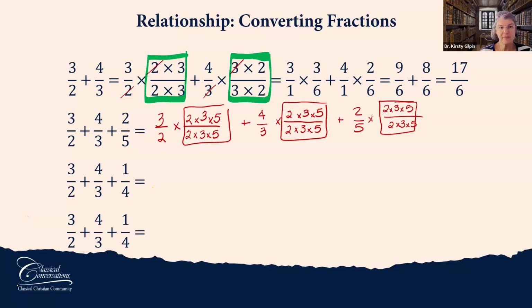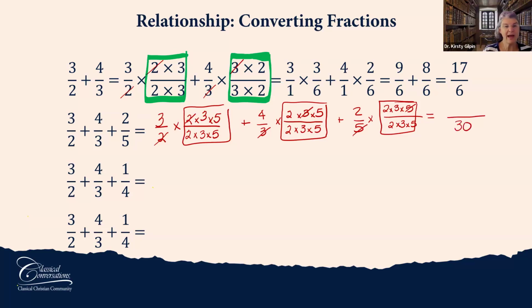So now let's think about going back and seeing how we can eliminate our original, right? So I have a 2 and a 2. What do I have in common in the next term? 3 and 3. And in my last term? 5 and 5. So what is my new unit? 30ths.